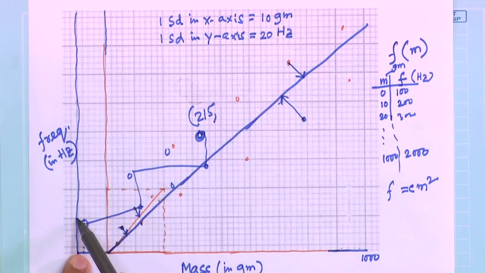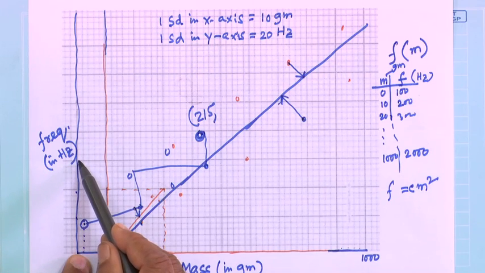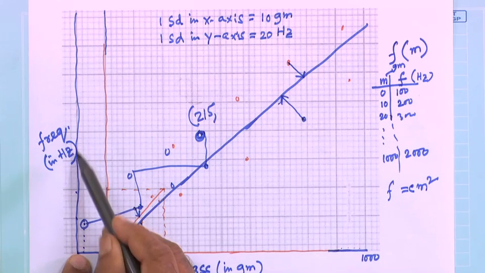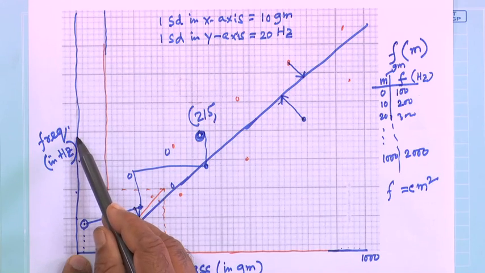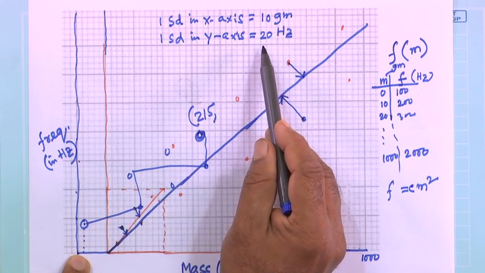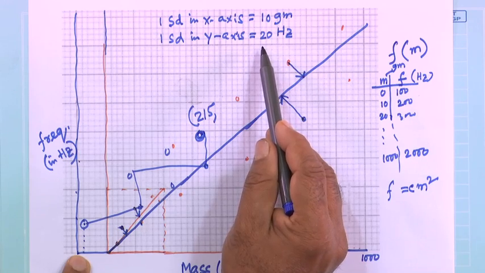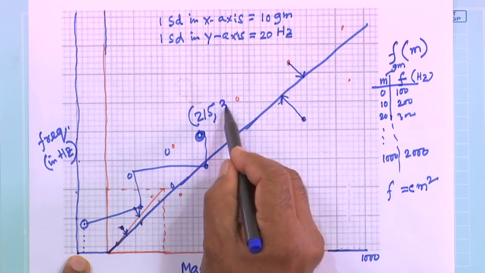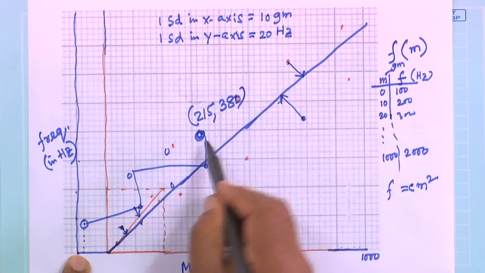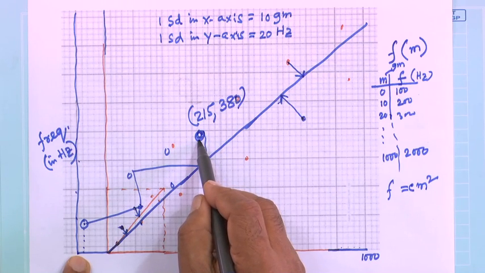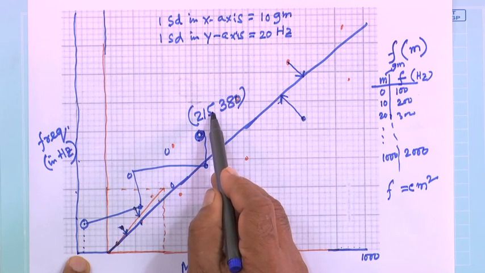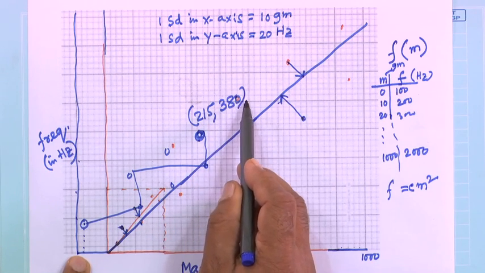How many are there? 1, 2, 3, and this is 3, means 15, and this is 4. So, 19 into 20 is 380. So, the value of this point is 215 gram and 380 hertz.